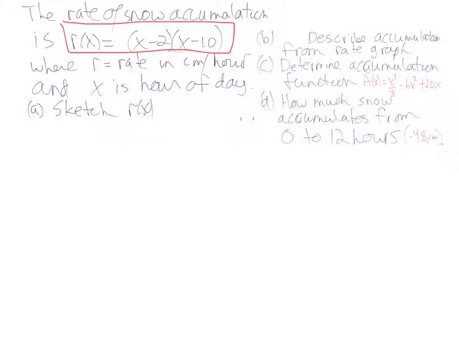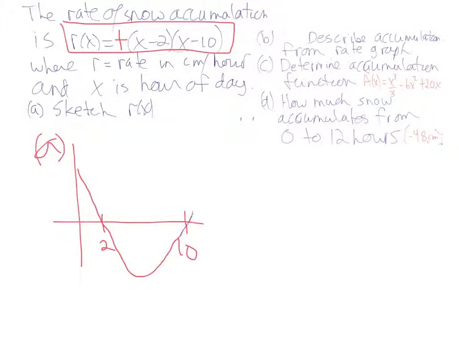So we know that this parabola opens up because there's a positive value there, and we know it has x-intercepts at 2 and 10. So let's sketch this. We'll do a sketch right here, A, and it would go through 2 and 10, and it would look like this.